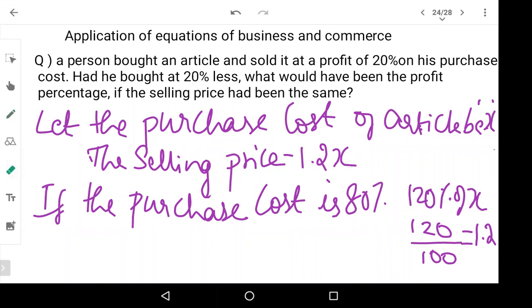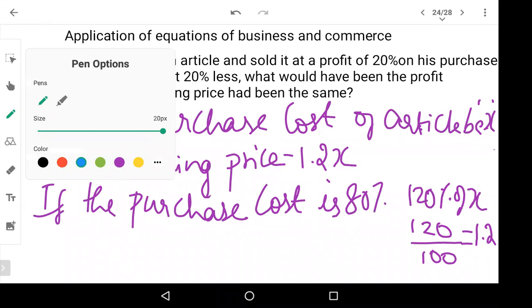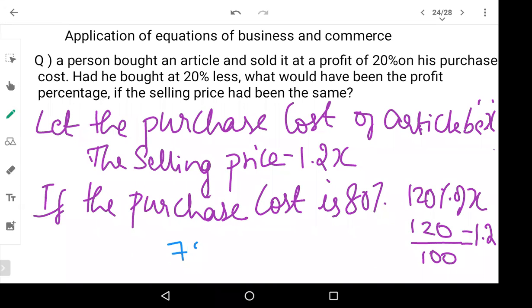Let us understand this. Now I told the Parker pen was 72 rupees and you paid 72 rupees, that is 100% of the cost. Okay, now suppose that shop, the stationery shop, gave you 20% discount, for example. Now here why are we taking 20% discount? Read the question. Had he bought at 20% less?